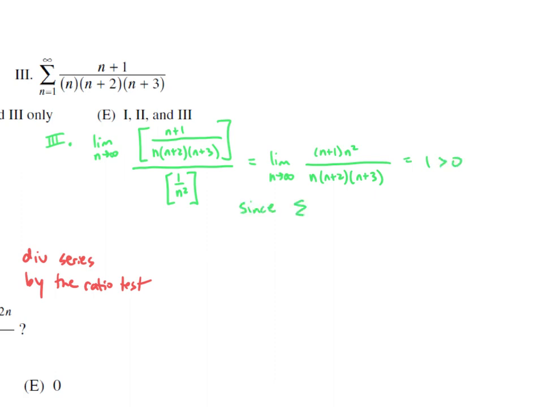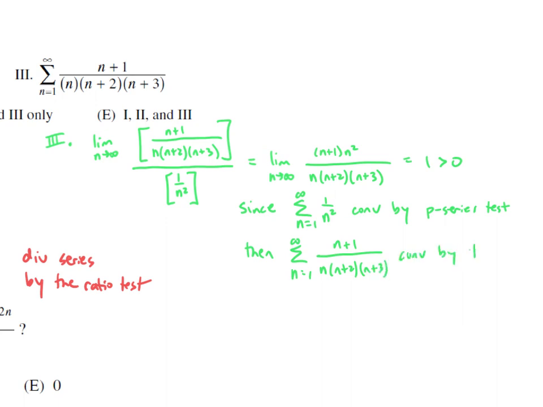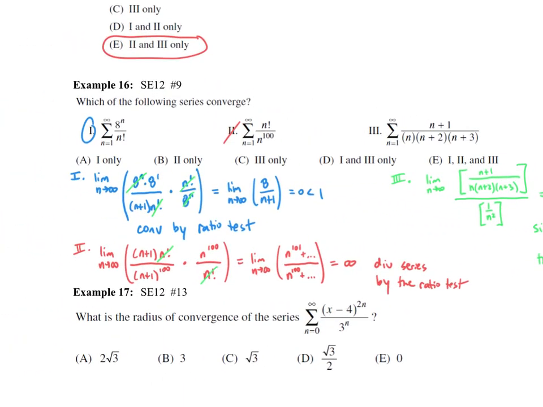So since the series 1 over n squared converges by the p-series test, then the series that we're trying to analyze here also converges by the limit comparison test. So we're looking at having option 1 and 3, which is going to be letter D.